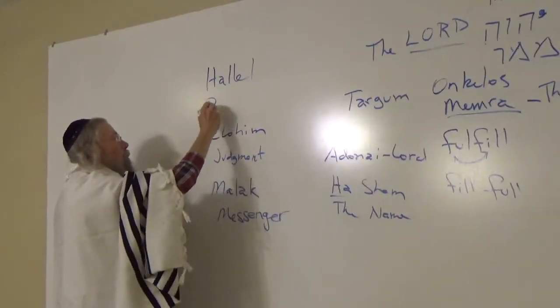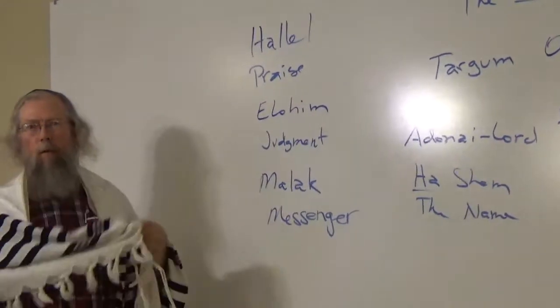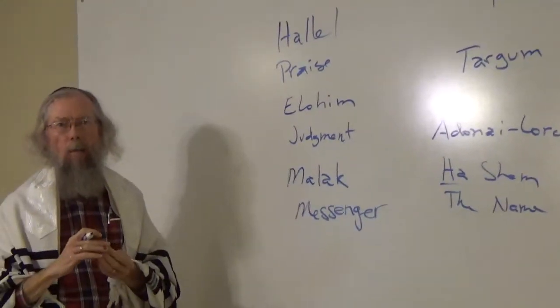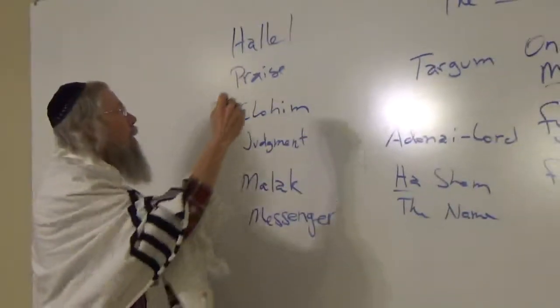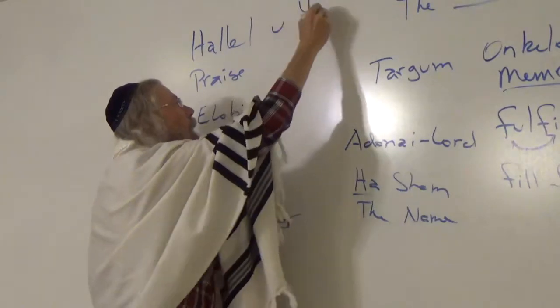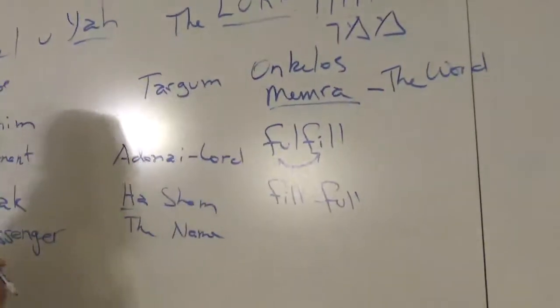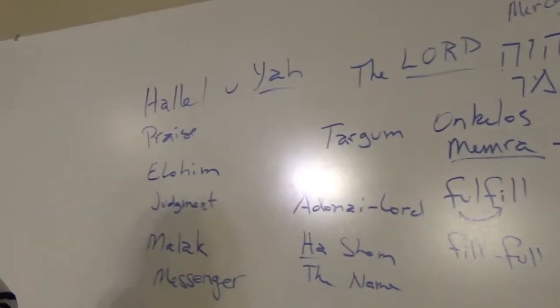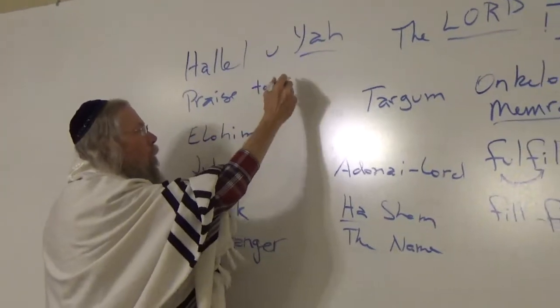Hallel means praise. When we do the liturgy on Shabbat, we read a psalm called Hallel, meaning praise. Praise Adonai. Praise Him in the heights. Okay, so Hallel, Yah. Yah is a shortened form of Yud-Keh-Vav. So it means praise to or for Adonai.